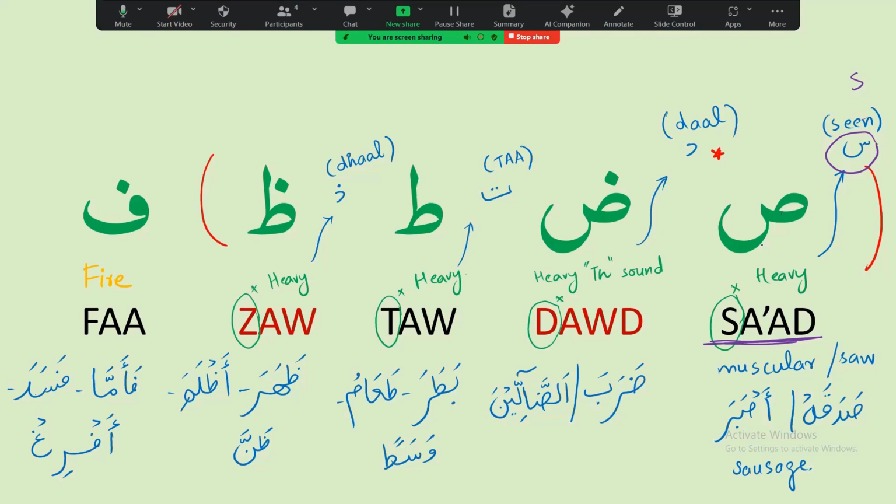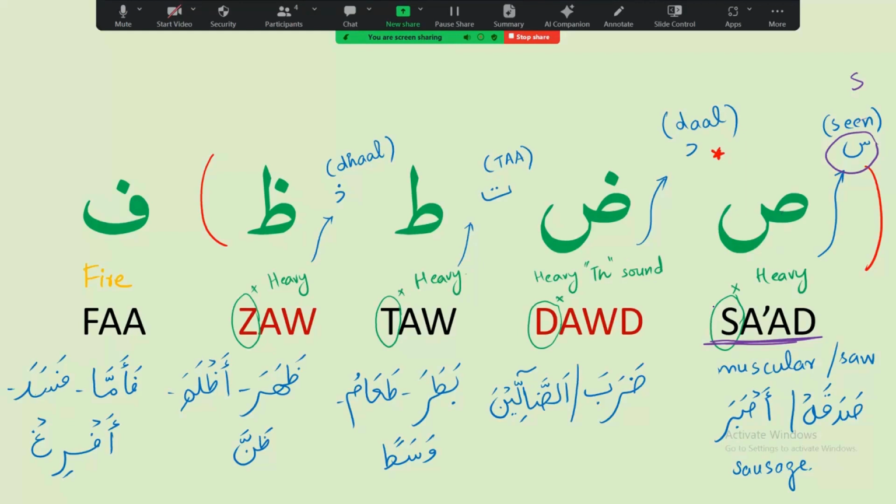But for now, as you're all beginners, what I would suggest is that you try to differentiate the seen alphabet that you see on top from the sad letter that we are doing today. The seen letter was a light letter that made a sound like sa, si, su. But this sad, which is this one, makes a heavy sound like sa, si, su.